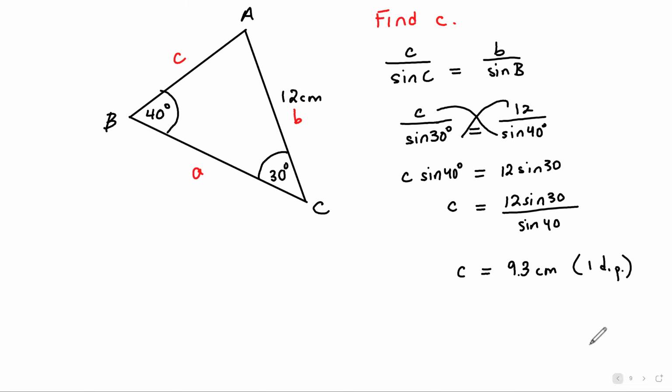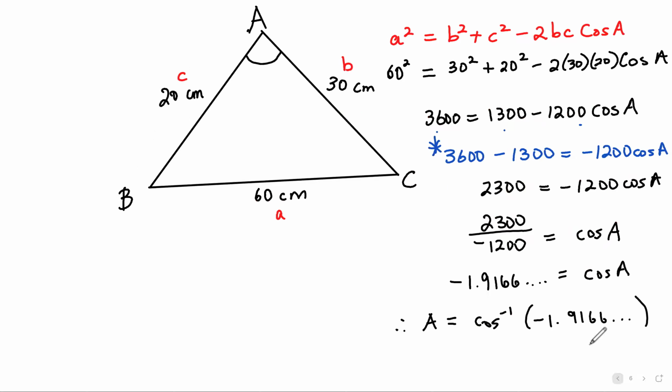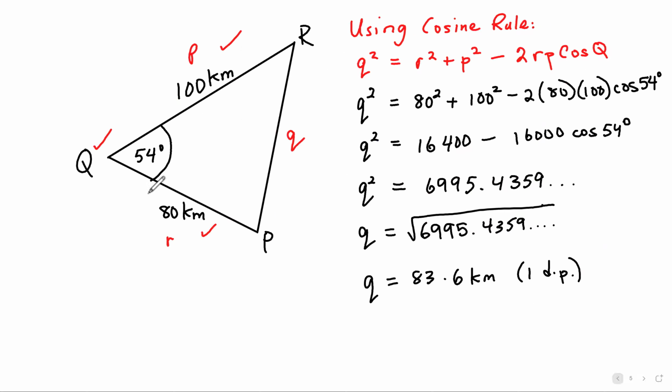So if we go back to this question that we did with the cosine rule here, I can find the area of this triangle PQR by using that rule, right? So area is half of the two given sides, in this case r and p, by sine of the included angle.